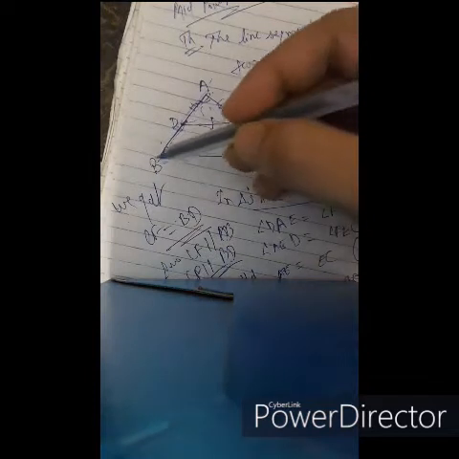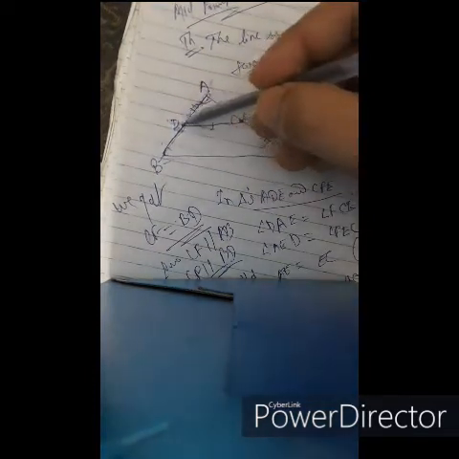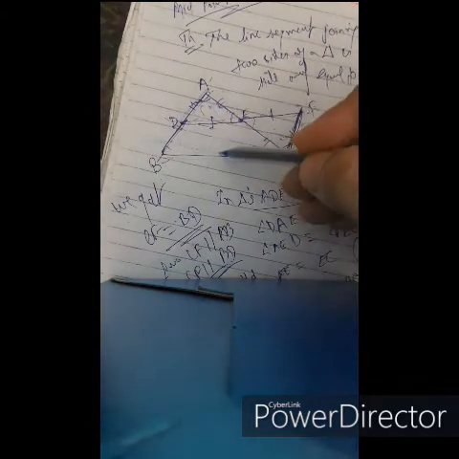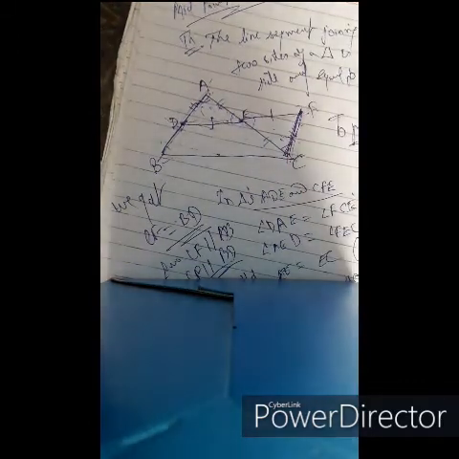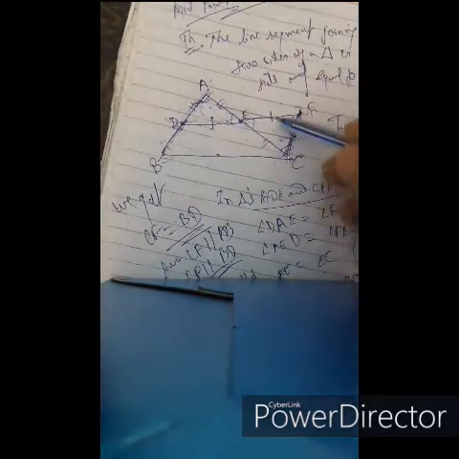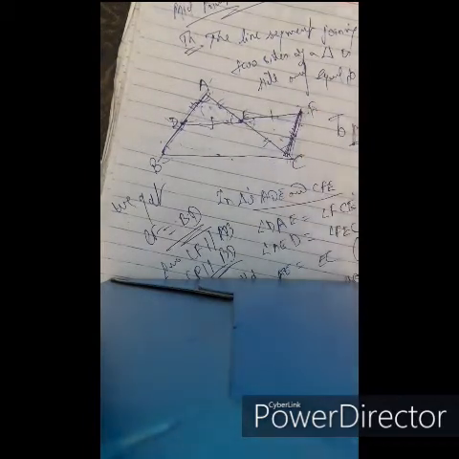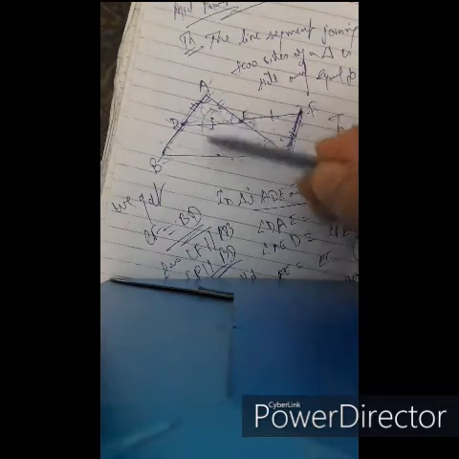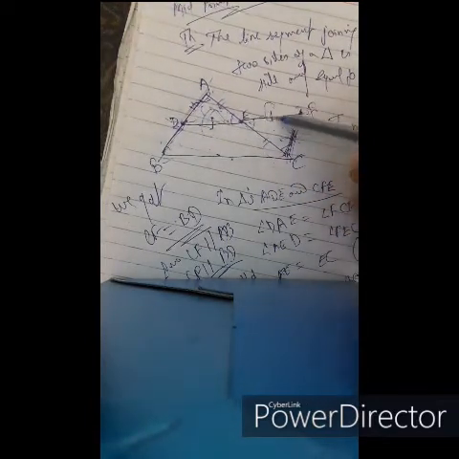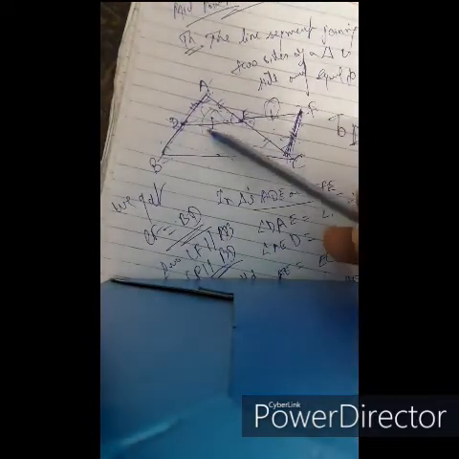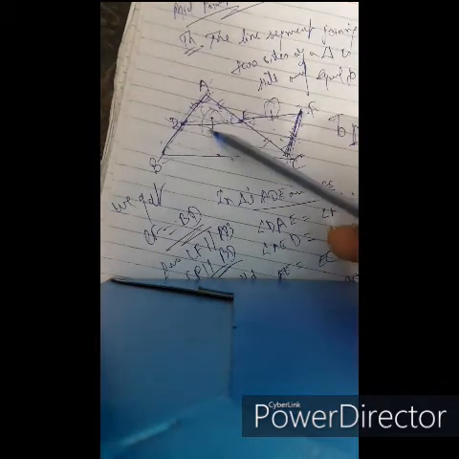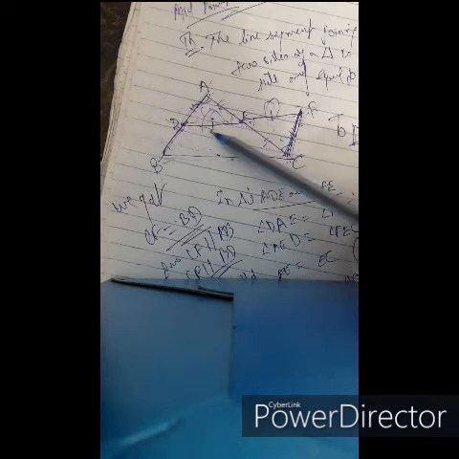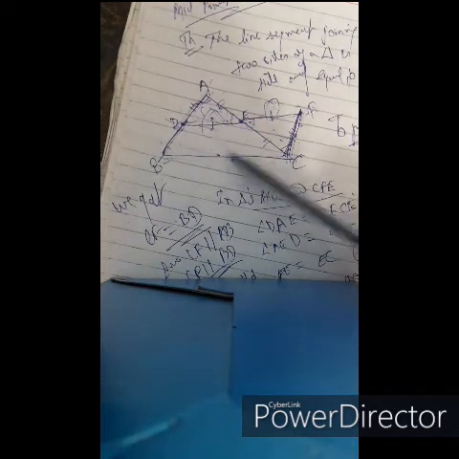So BC is parallel to DF and BC equals DF. After that, by CPCT we had taken that DE equals EF, so DF becomes twice of DE.